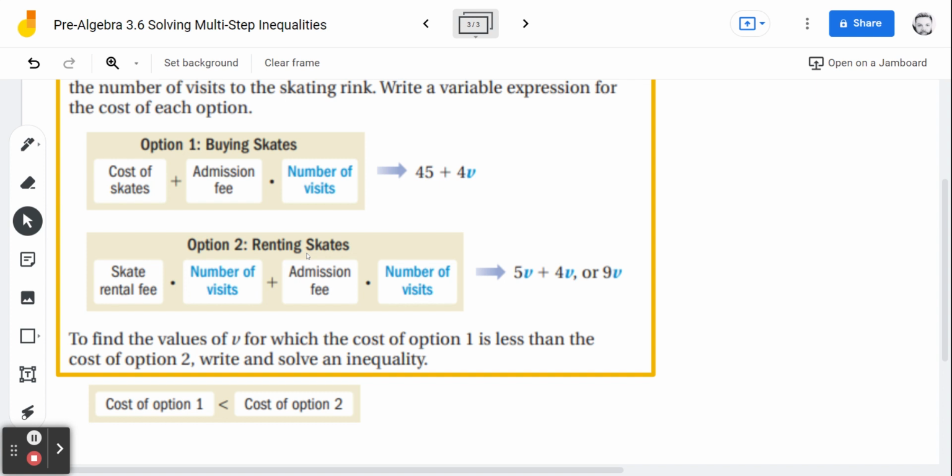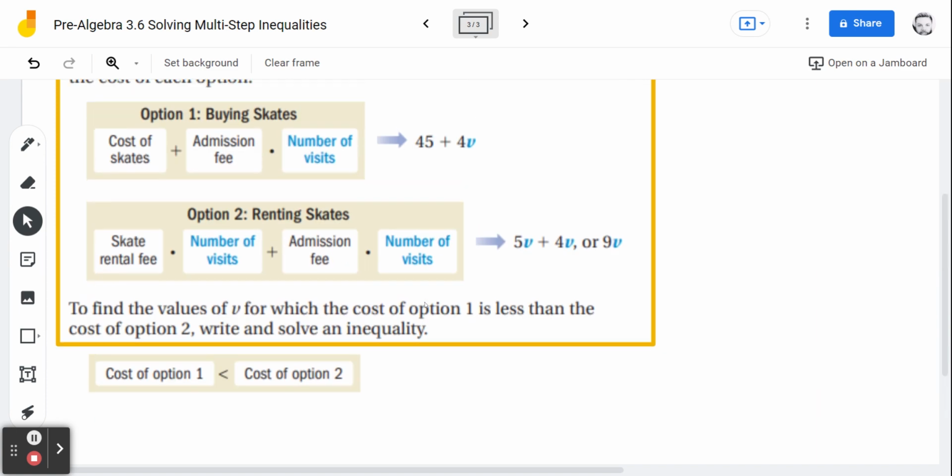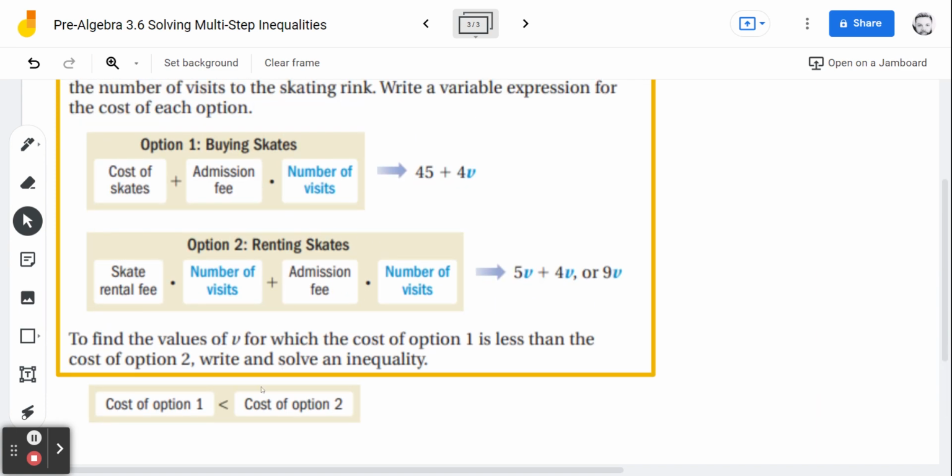So if I rent the skates, every visit I have to pay $5 for renting, and then $4 to get in. So it's going to be 9 times the number of visits. All right. So option 1 has to be less than option 2.